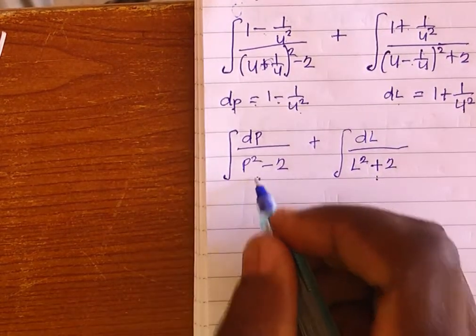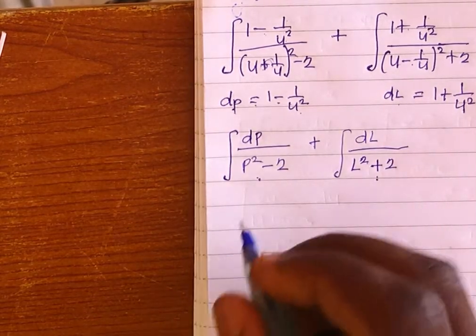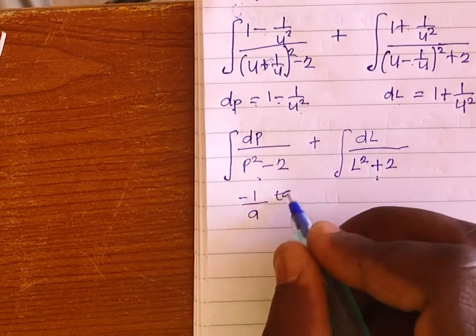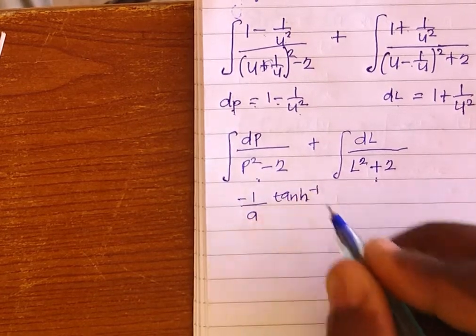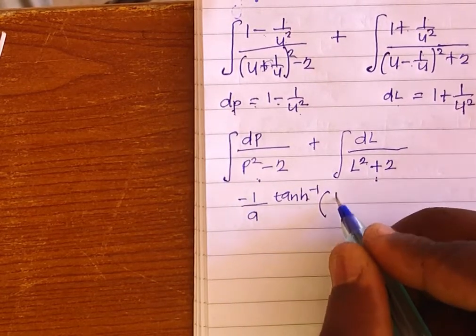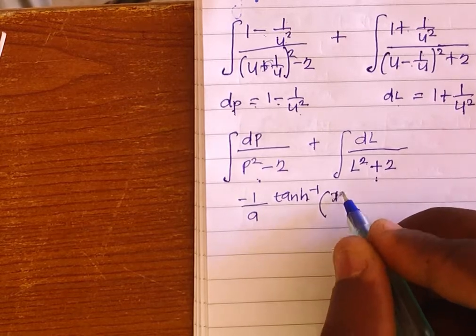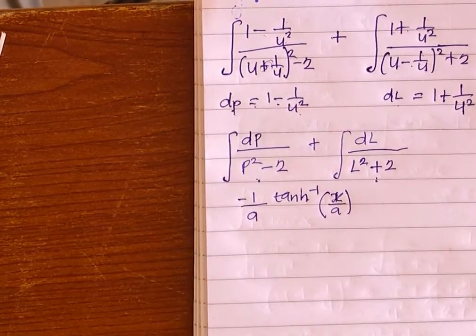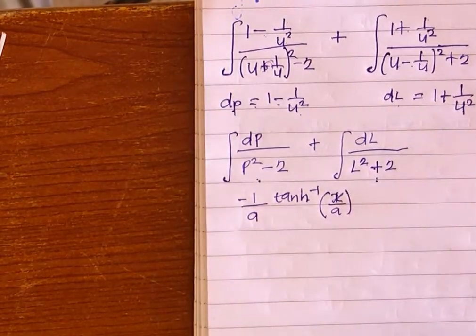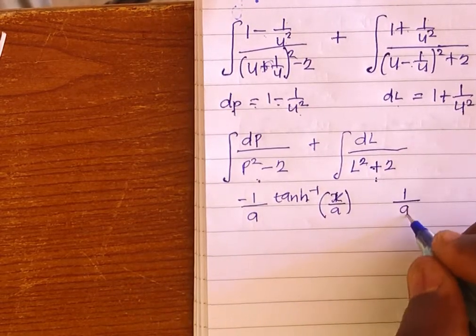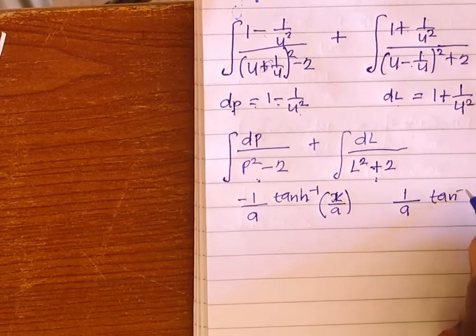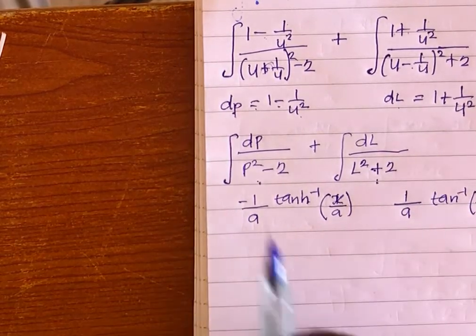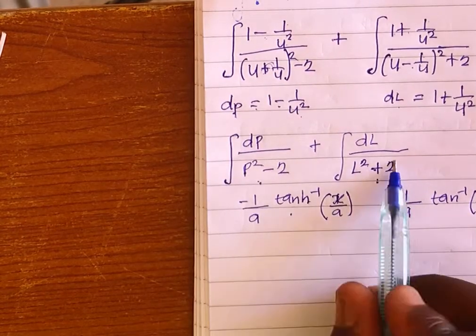The identity for this one is 1 over a tan inverse of x over a. If you recall, this is. Similarly, the identity for this is also 1 over a tan inverse of x over a plus c. So the identity for this is this, and the identity for this is also this.